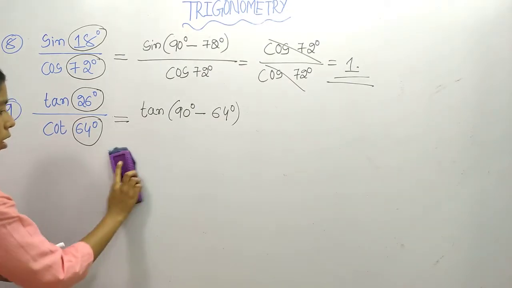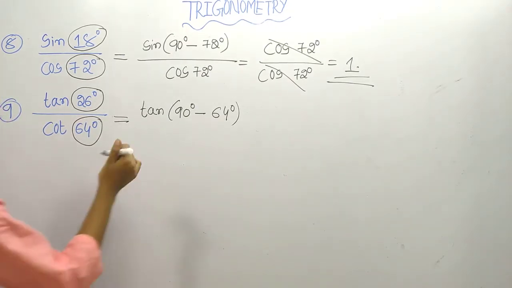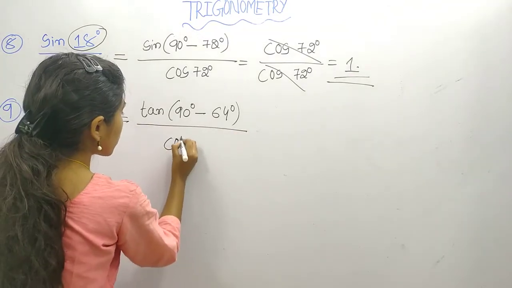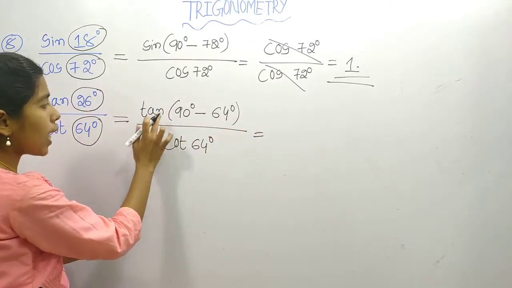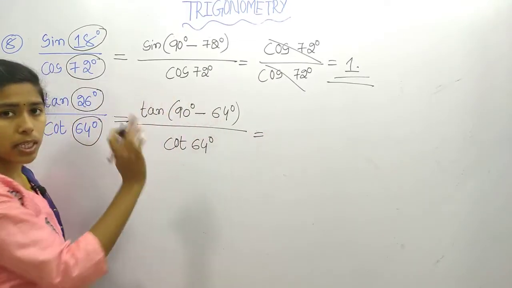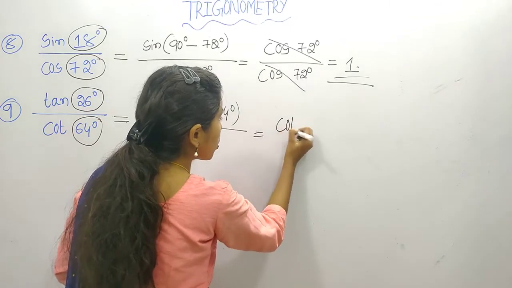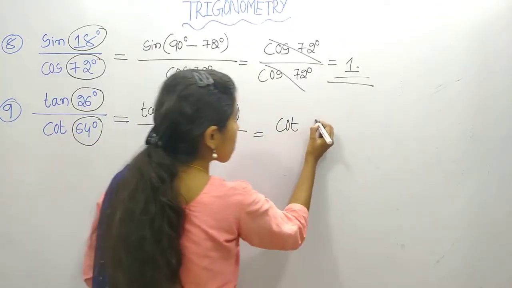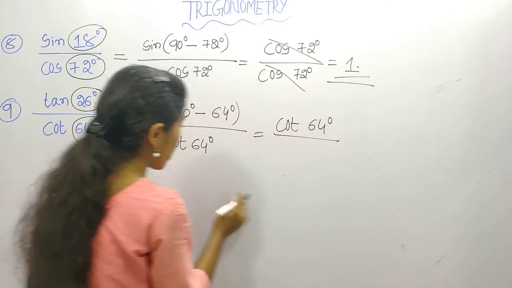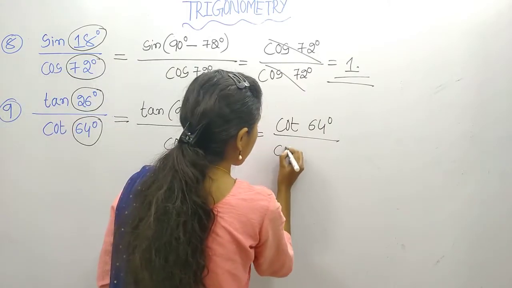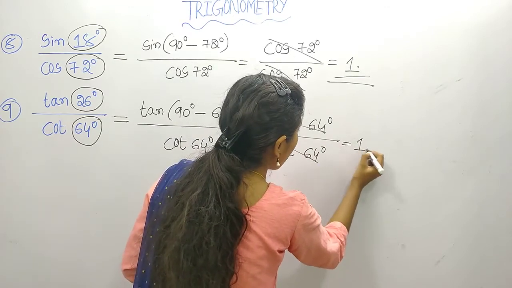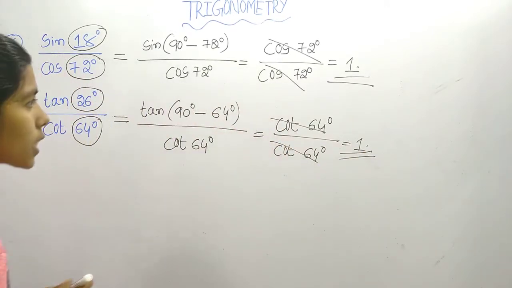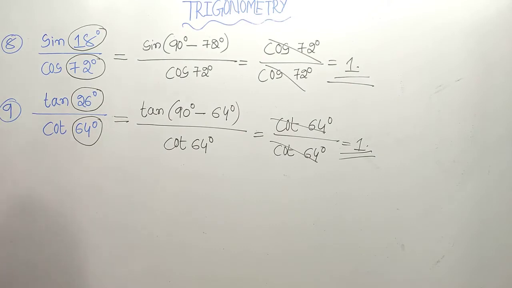Next, divided by cot 64 degree. We already know tan(90 degree - theta) is cot theta. So cot theta here is 64 degree, cot 64 degree divided by cot 64 degree. They will also cancel each other and it will become 1. So for these simple questions you can easily simplify like this. So let's move to the next.